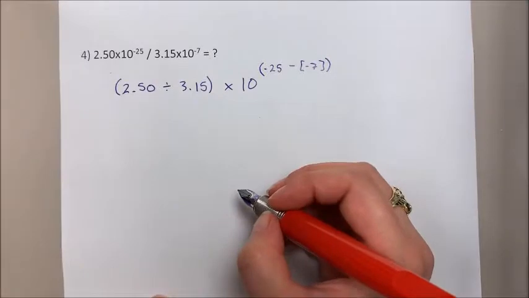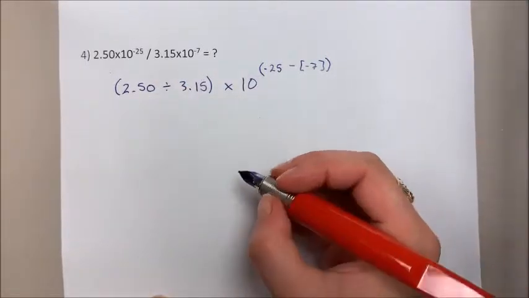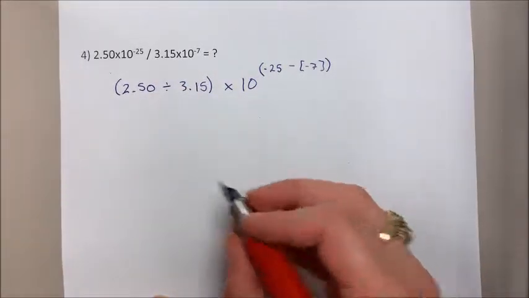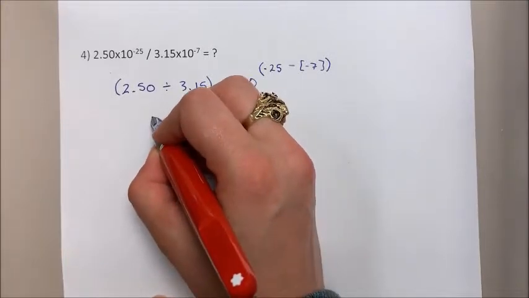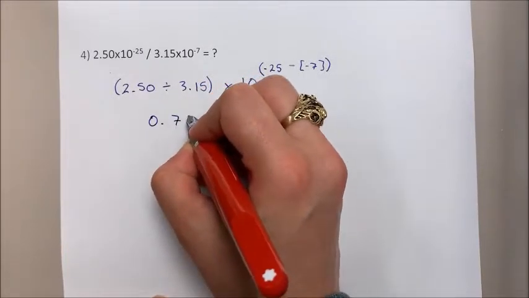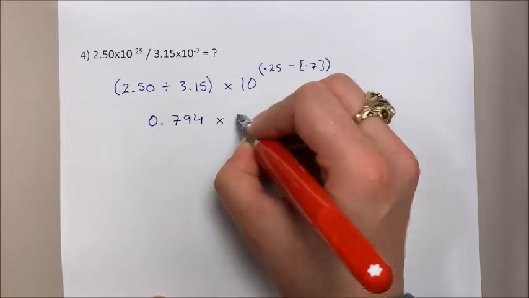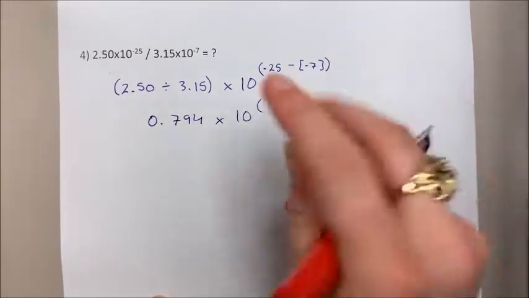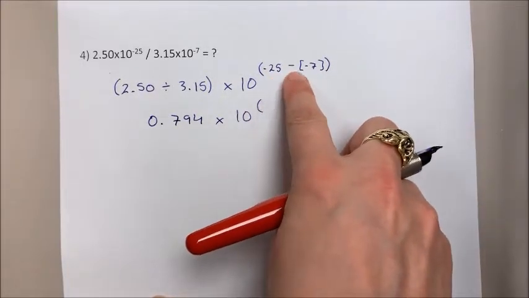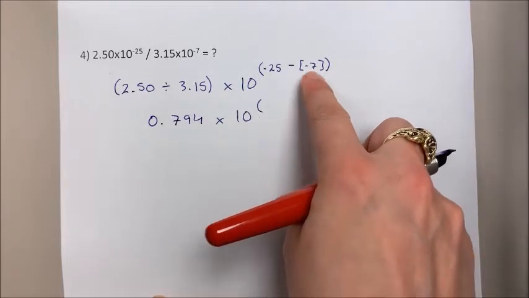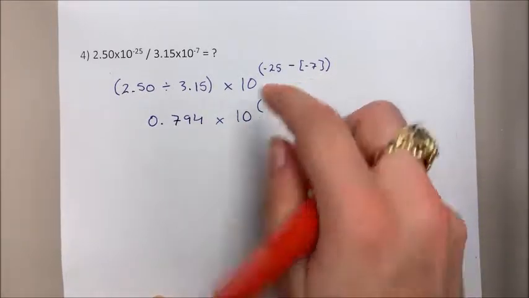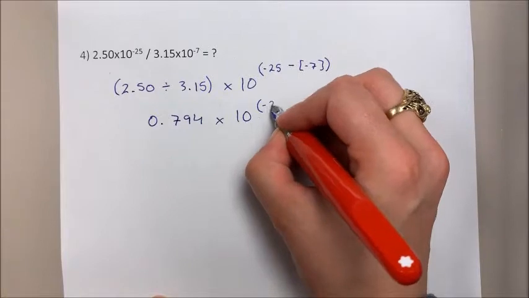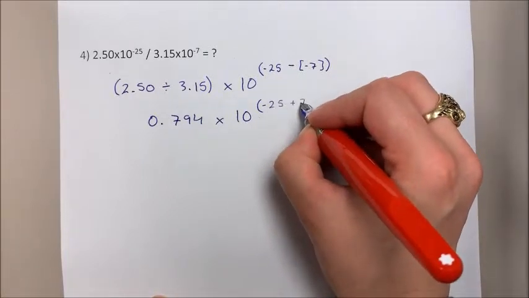Let's crunch our decimal portion. We have 3 sig figs in each of our inputs, so our final answer will have 3 sig figs. That'll give us 0.794 times 10 to the, now looking at our minus 25 minus a negative 7, subtracting a negative number is the same as adding that number. So it's going to be negative 25 plus 7.